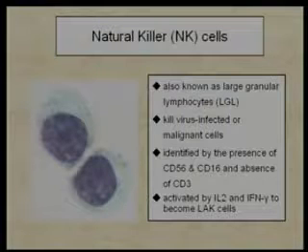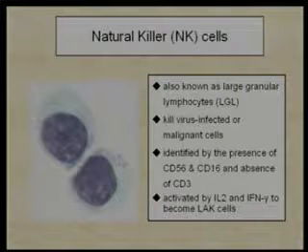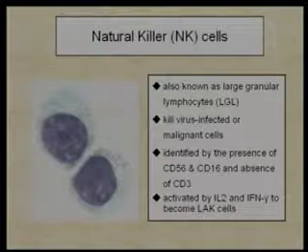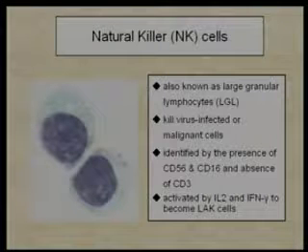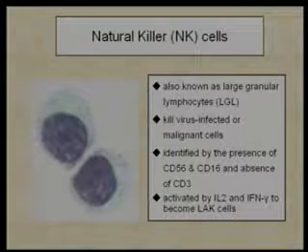There's CD56 and CD16. These cells express CD56 and CD16, and they lack CD3. CD3, as you're going to see, is a marker for T cells. So the true NK cell is a CD56, CD16 positive, CD3 negative cell.